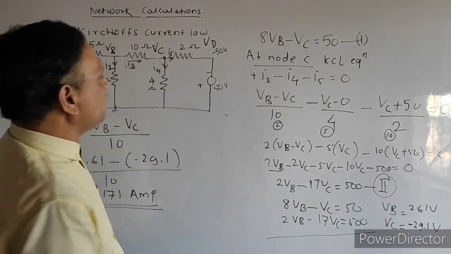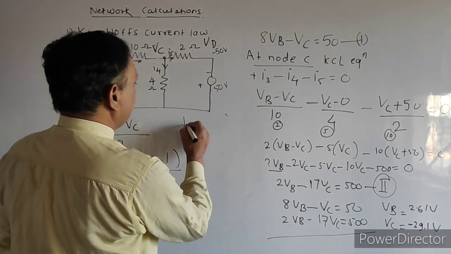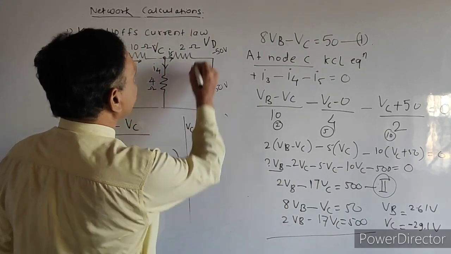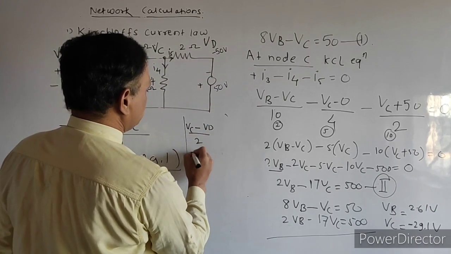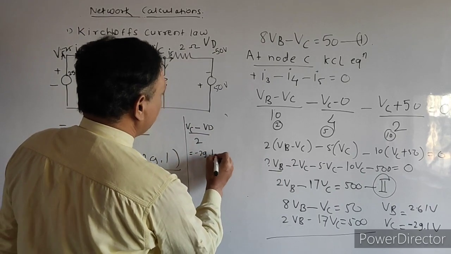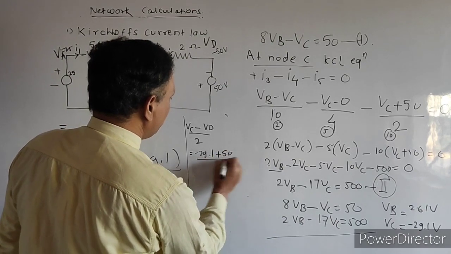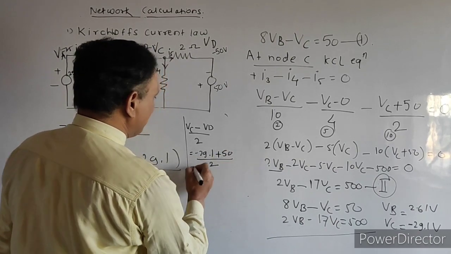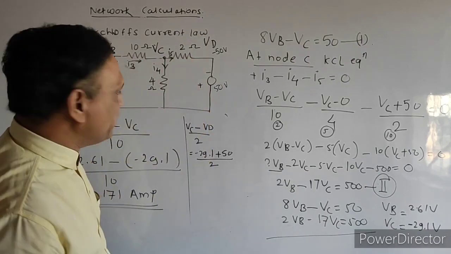So if the current through the 2 ohm resistor is asked, the calculation is VC minus VD upon its resistance. So VC was minus 29.1 minus of minus 50, so plus 50 upon 2. Whatever value comes will be the current flowing through the 2 ohm resistor.